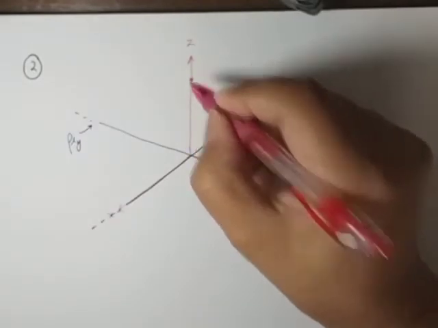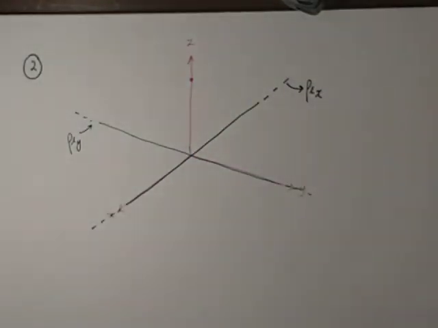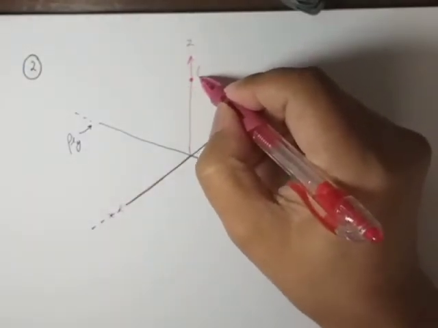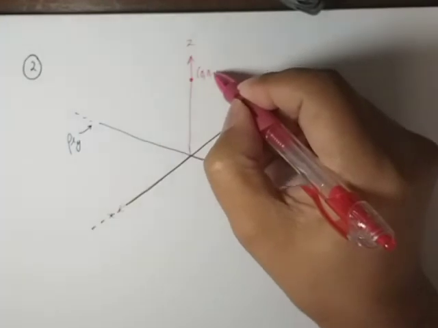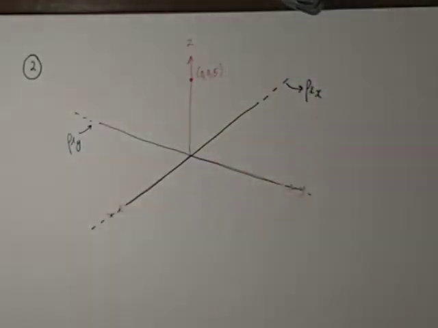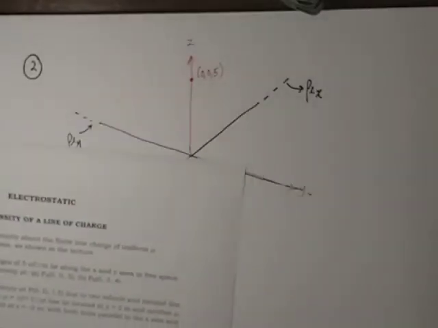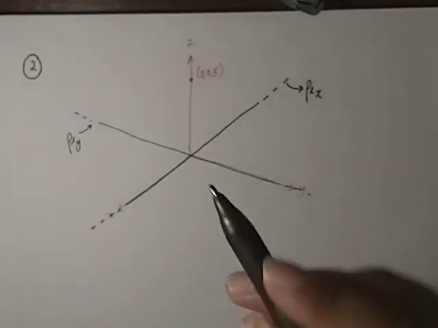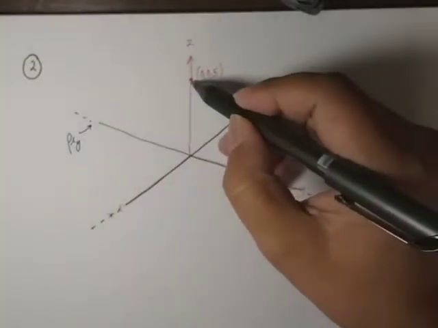So that should be the position where we want to find the E. Okay, first I'm going to solve for the infinite line charge on the x-axis, black in color. So this is our line charge. This is where I want to find the E.